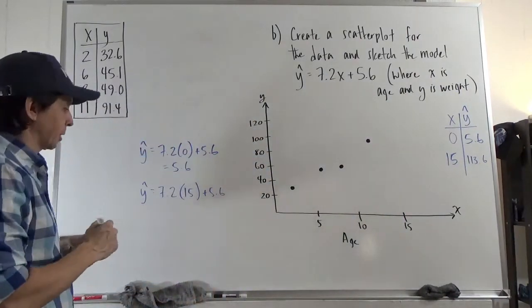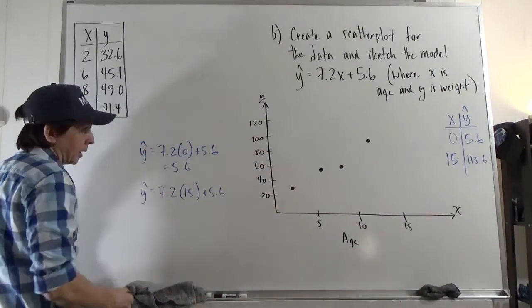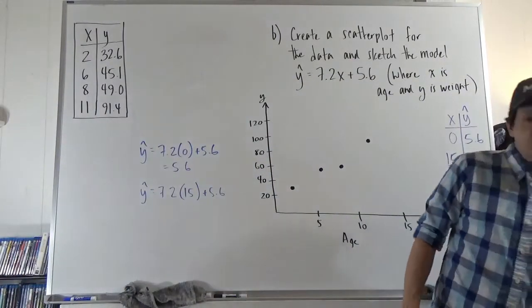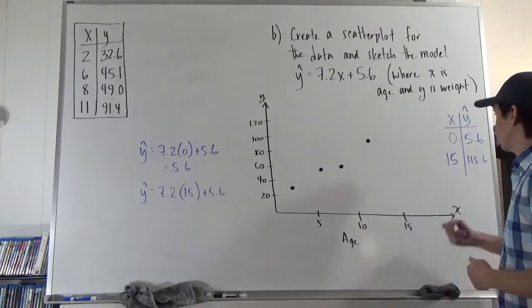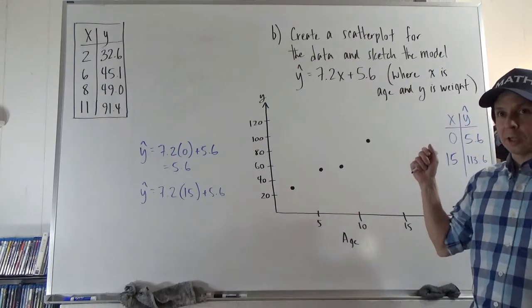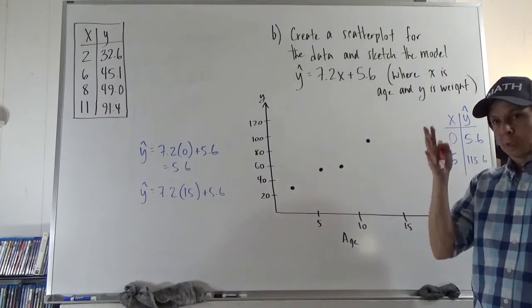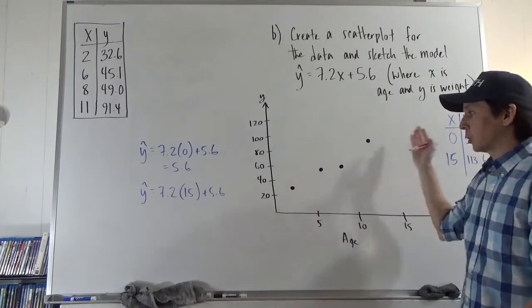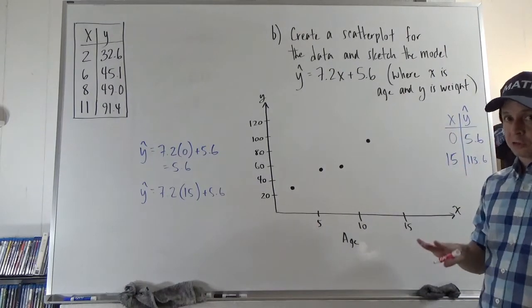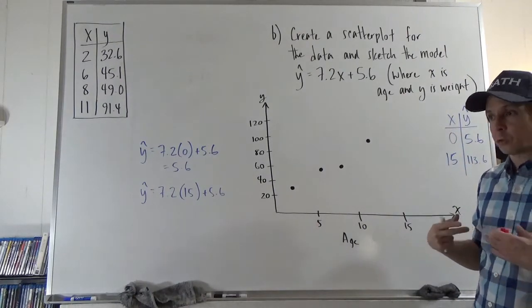Okay. And now I'm going to sketch the linear model. That model y hat is 7.2x plus 5.6. I don't want to use my black pen and do 2 circles, because then if I get called away to my DoorDash order and then I come back, I might forget which one is scatter plot and which one is my points on my line. So to distinguish, it's not necessary, but I like to draw it separately.